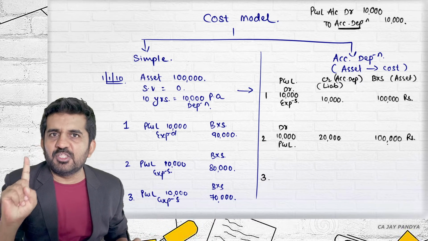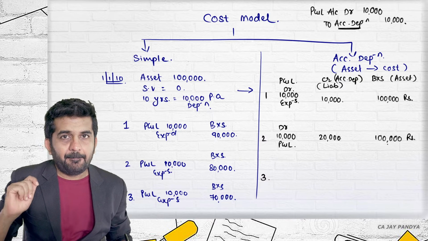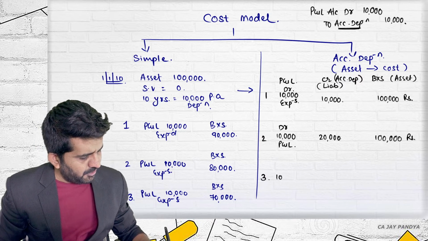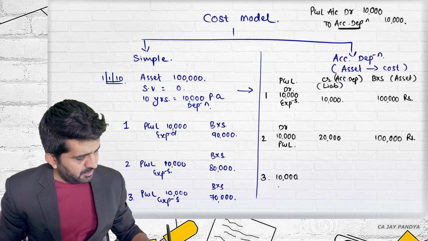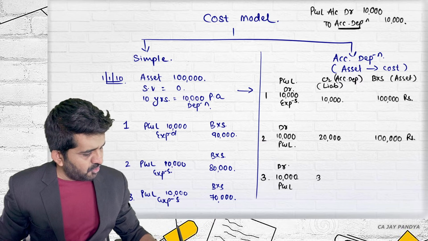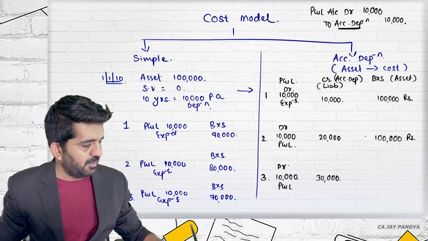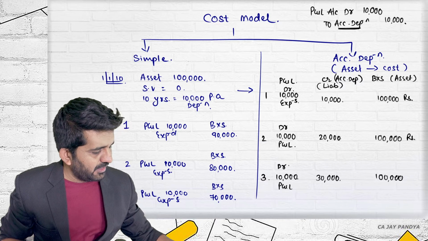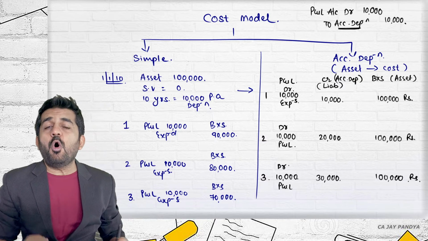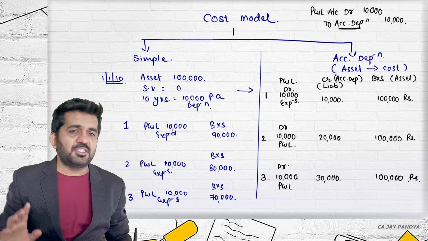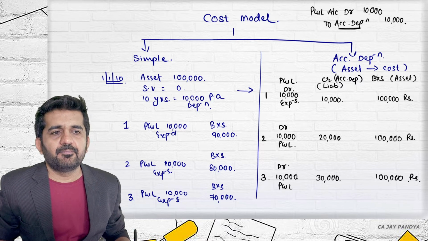The only journal entry which I am passing is P&L account debit to accumulated depreciation every year. Third year also 10,000 rupees will be debited to P&L account. My balance of accumulated depreciation will be 30,000 and asset will be at 1 lakh rupees. In all 3 years, asset is 1 lakh rupees. Bhavya, can you give me the answer? What is 1 lakh rupees?